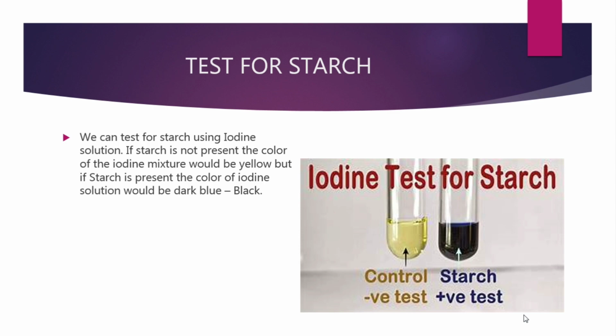If we want to test, for example, a plant leaf for starch, we will first decolorize the leaf and kill the bacteria. That whole process aside, we will then put the iodine on the white tile, and then we will put our leaf on the white tile where the iodine solution is present.